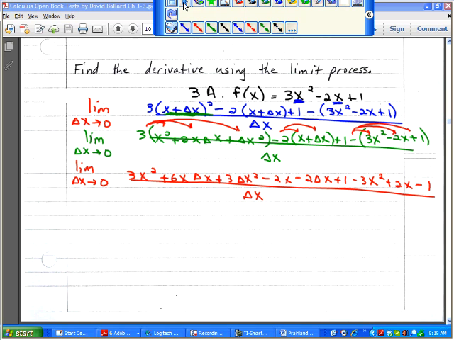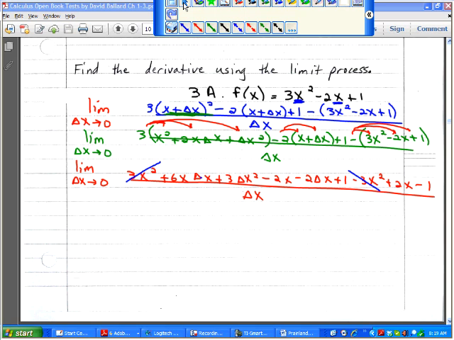Now, because I've now squared my binomial, any term that we find in the numerator that does not have a delta x should have an additive inverse partner that will cancel it. So we have a 3x squared here. We know then there would be one over here that would cancel.